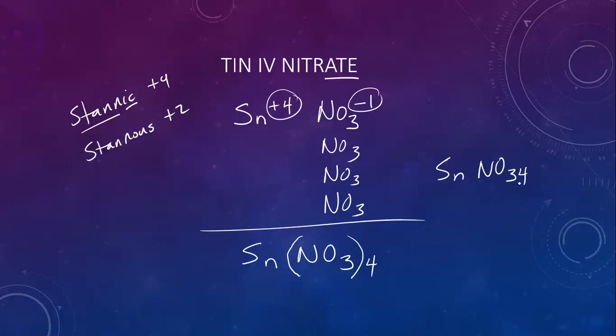It would obviously be 4 NO3s. Okay, yeah, I understand. But you cannot leave that up to the interpretation. Put parentheses so that the person who's reading your formula understands that you have 4 of what's inside the parentheses.